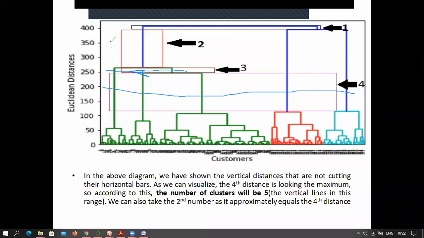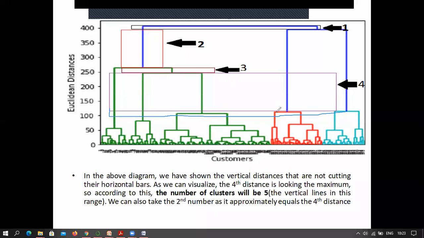If you're confused, you can go according to this figure. In this figure, what they have done, instead of drawing a line, they are making rectangles. Like one rectangle is over here, but that rectangle should not contain any horizontal line. Like I can't say this rectangle I'm having. Why?